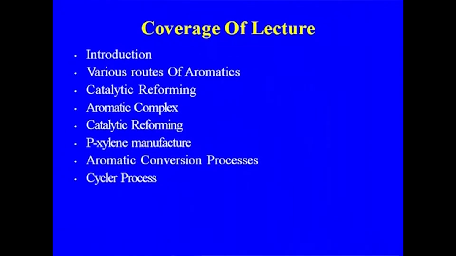Then the aromatic complex, paraxylene manufacture, which is again one of the very important aromatics, and the huge amount of paraxylene that we use in the manufacture of DMT or terephthalic acid. Then we will discuss the aromatic conversion process, and lastly the Cyclar process, where we make aromatics from propane and butane.